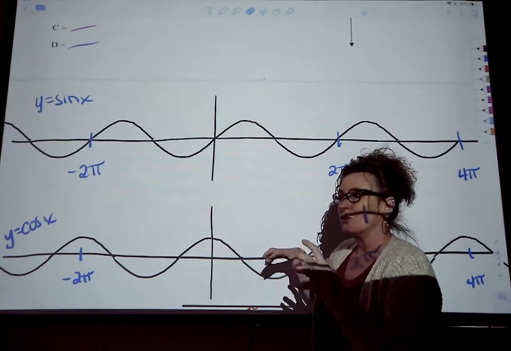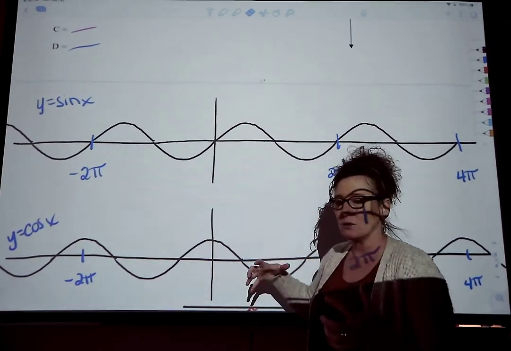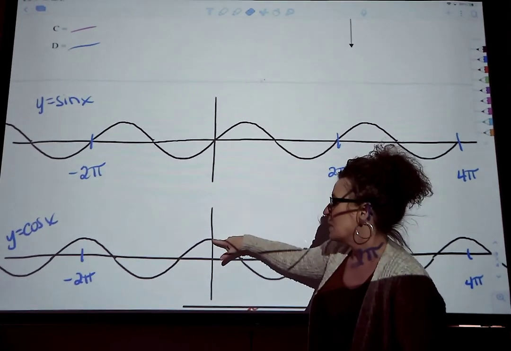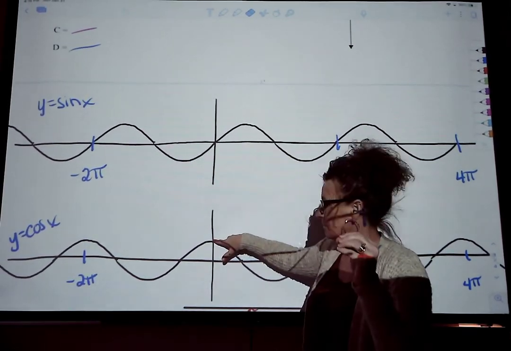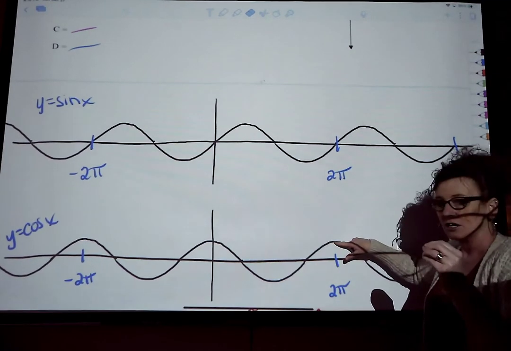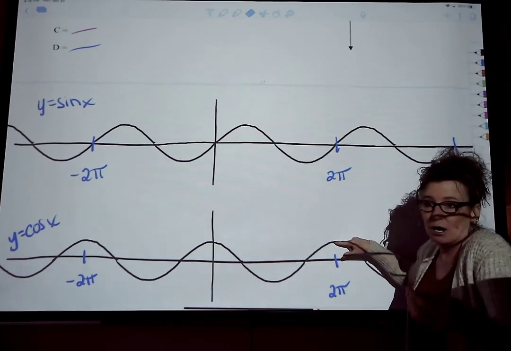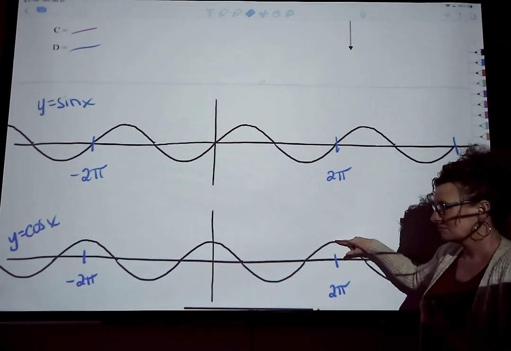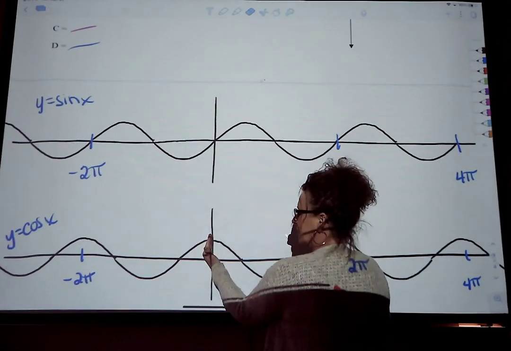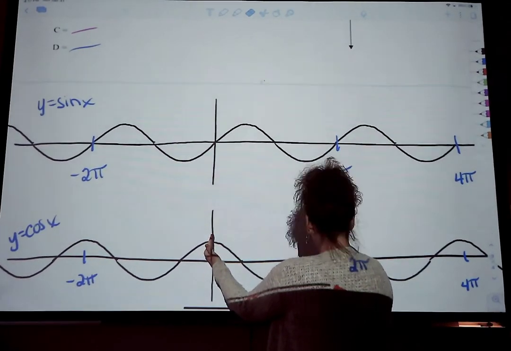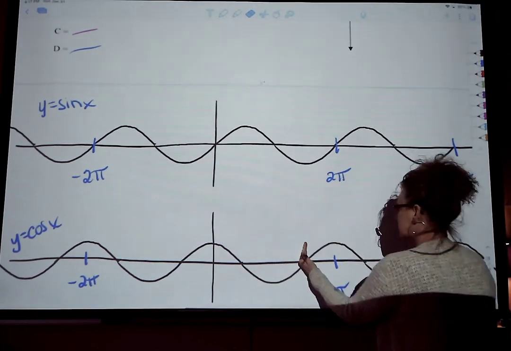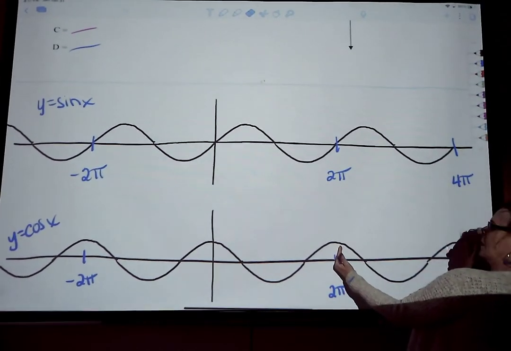And so when you look at cosine, one cycle of cosine is from the peak of an up hump to the peak of the next up hump. So cosine has a period of 2 pi, and then it just repeats itself again.